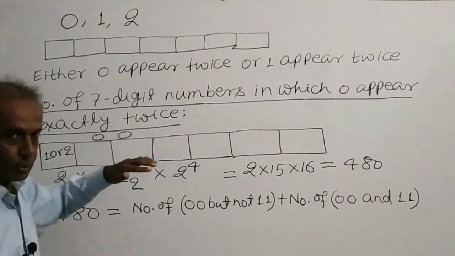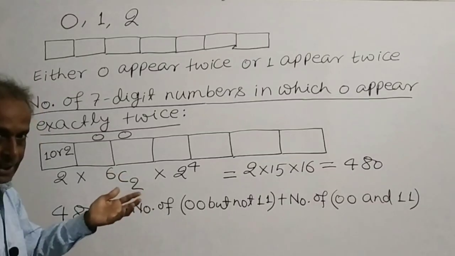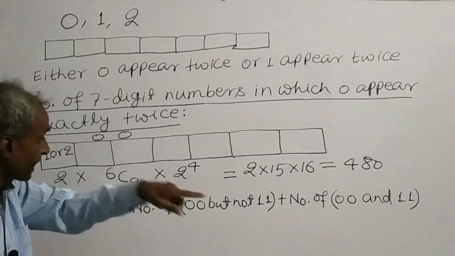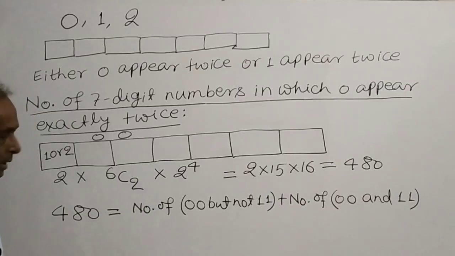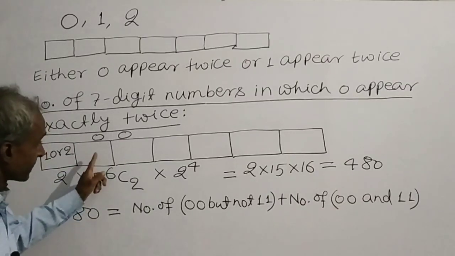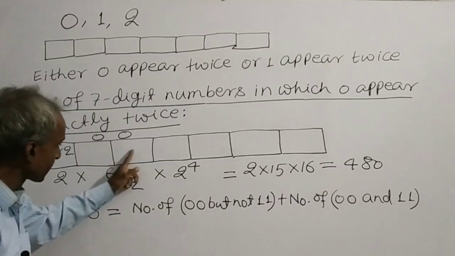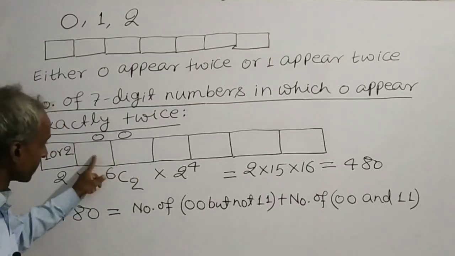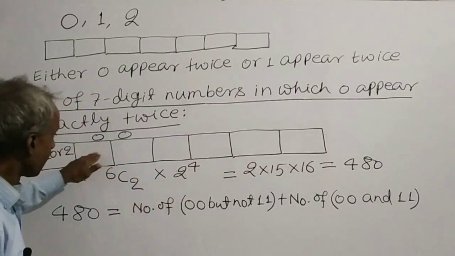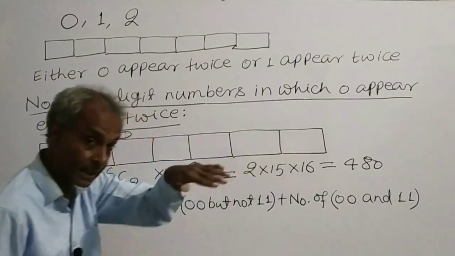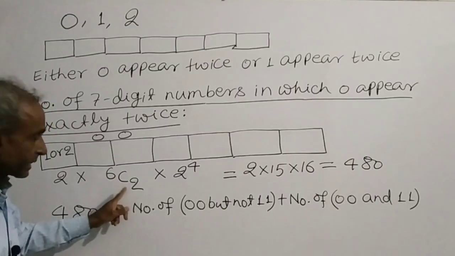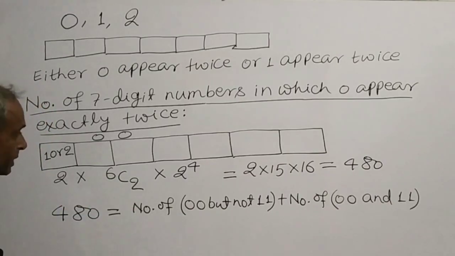First, we want to know how many numbers there are in which 0 appears exactly twice. For 2 places, any 2 places out of these 6 vacant places can be selected in 6C2 ways.